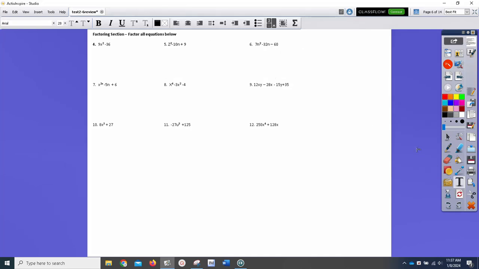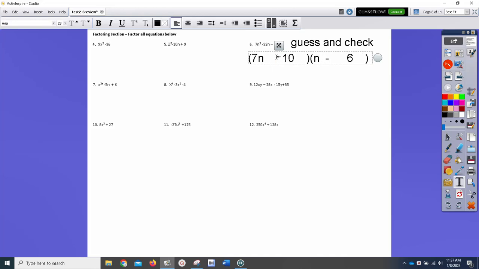Let's see, 6 is going to be a little harder. You're going to guess and check. That's what you're going to do. Thankfully, there's only one way to make a 7n squared. It takes a 7n and an n. And we want to arrange it so that we add to a negative 32. I'm going to guess I'm going to need a 10 here and a 6 here. I want to get negative 32.